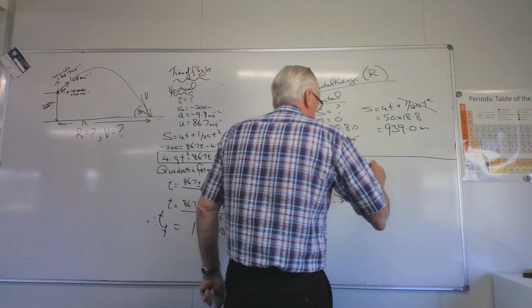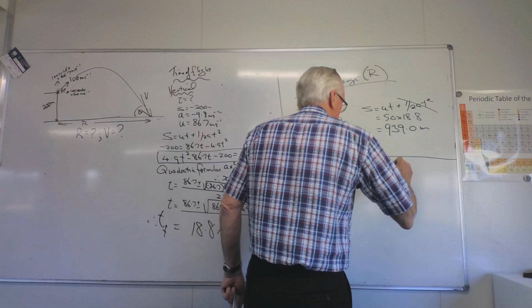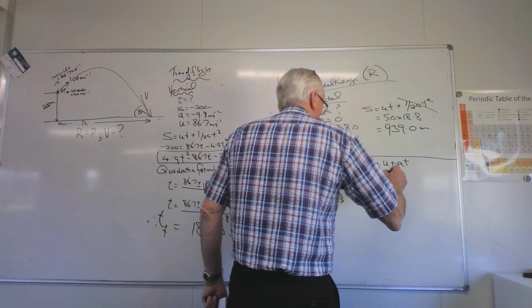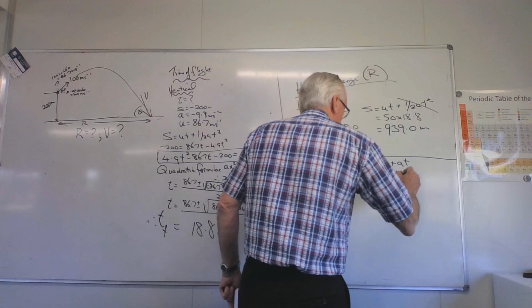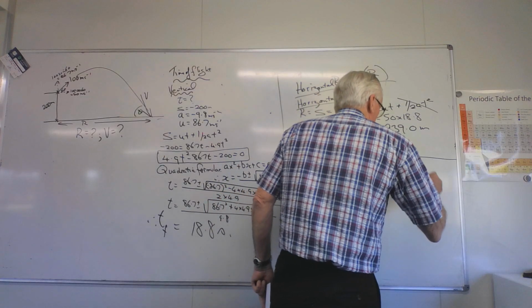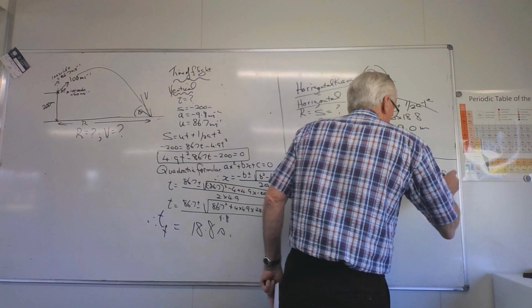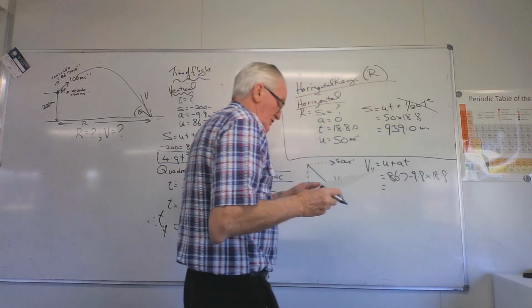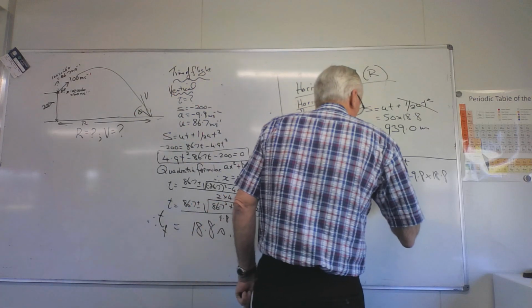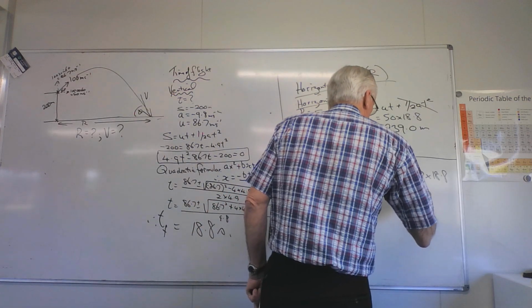So, our vertical component, u plus at, we can use. U was 86.7. A is minus 9.8 times t, which is 18.8. And we get that the vertical velocity of impact is 109.6 meters per second.